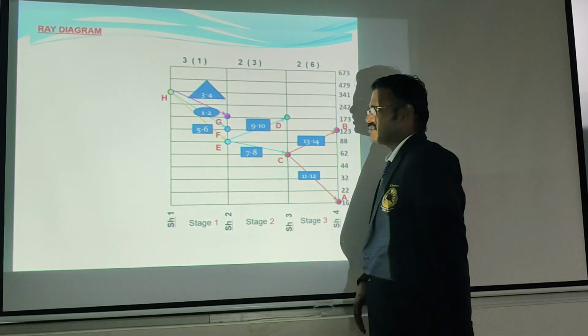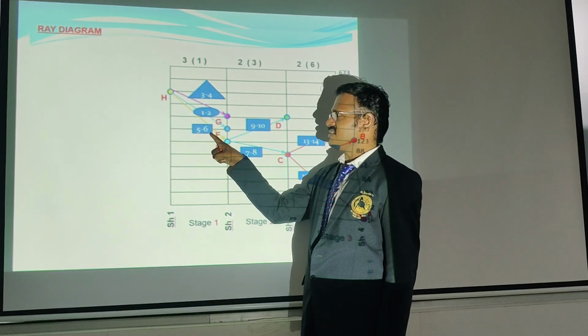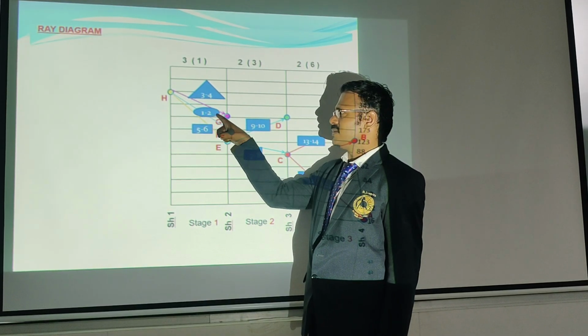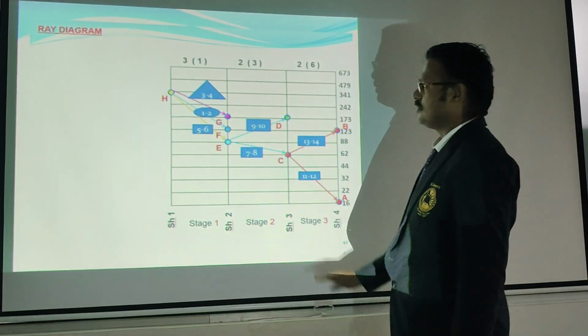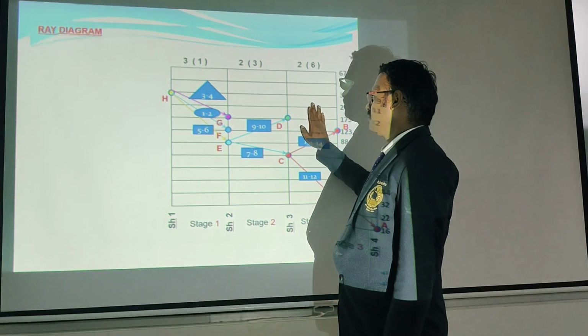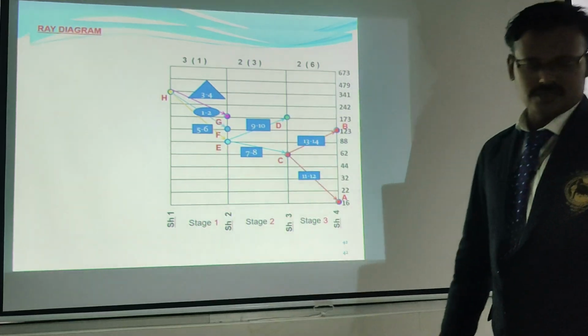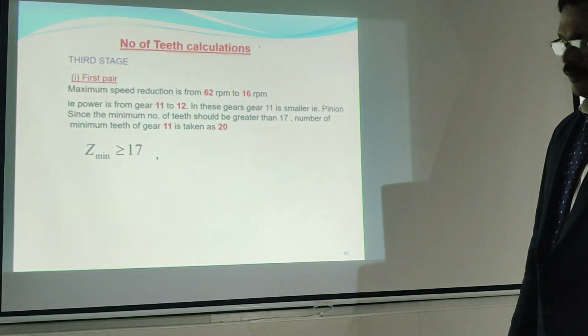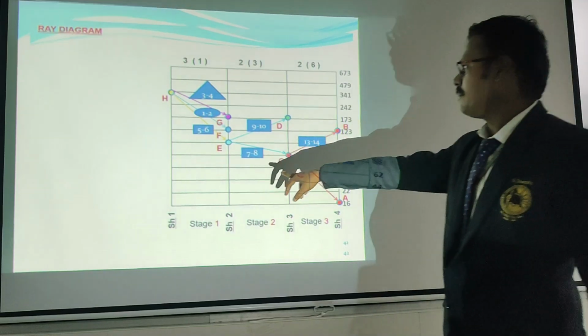Then another formula also we can use: Z5 plus Z6 equals Z1 plus Z2 equals Z3 plus Z4. Whatever we have done in the third stage and second stage, the same thing we have to do for the first stage also.